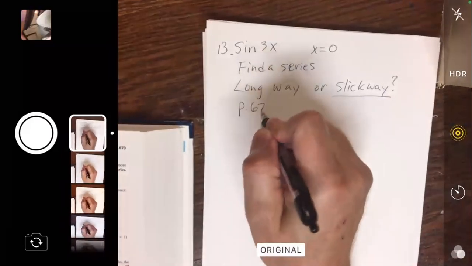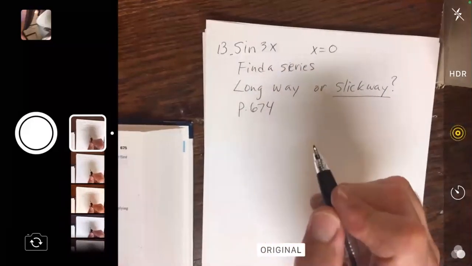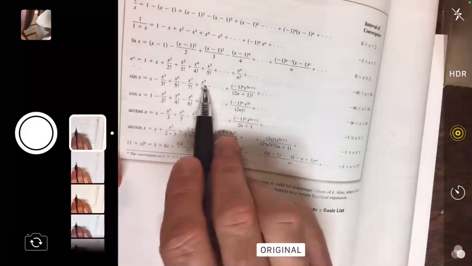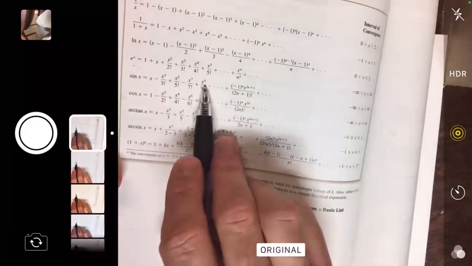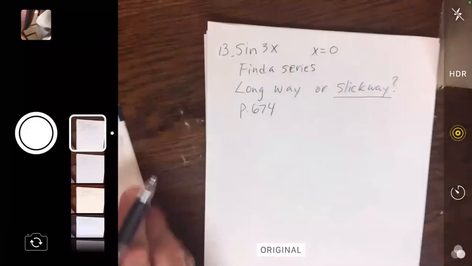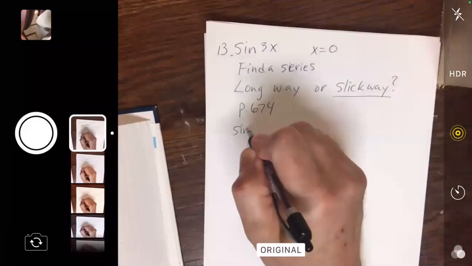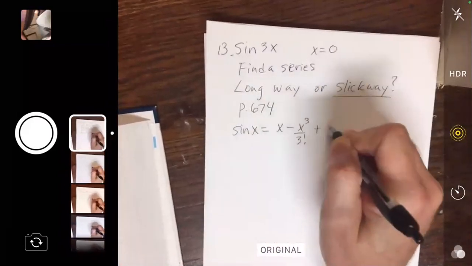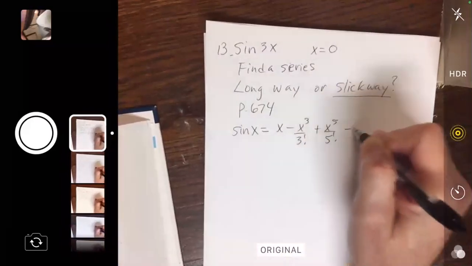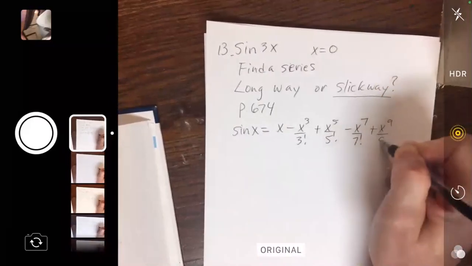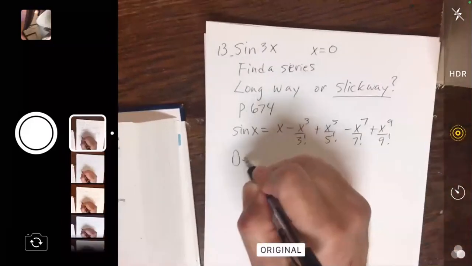Page 674. I could use Taylor's formula and show you that a sine of x looks like this. It's got all odd powers. Sine of x equals x minus x cubed over 3 factorial plus x fifth over 5 factorial minus x to the 7 over 7 factorial. Anybody want to see? You would derive this from Taylor's formula.